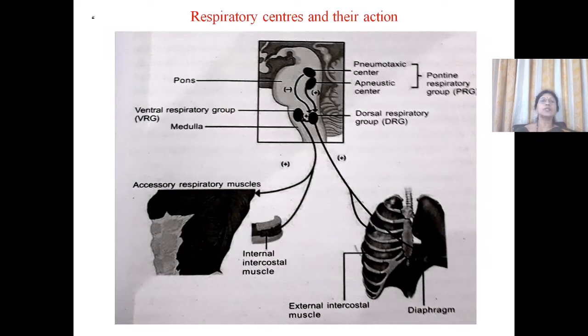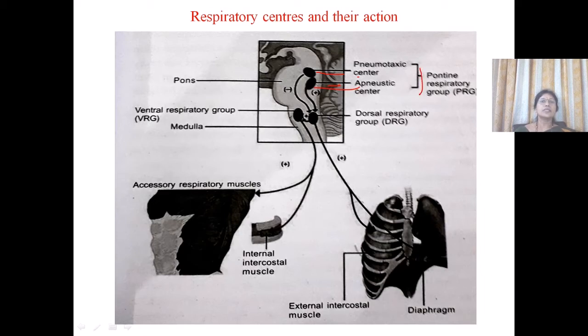And this image shows the respiratory centers and their action. So here we can see this is the pons, pneumotaxic center and apneustic center, which form the pontine respiratory group, PRG.